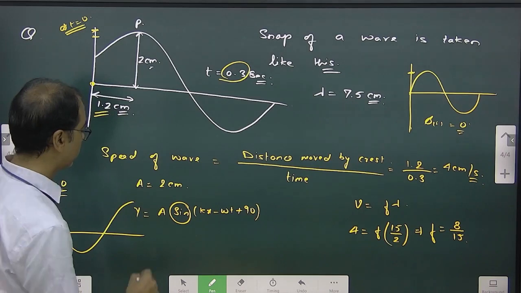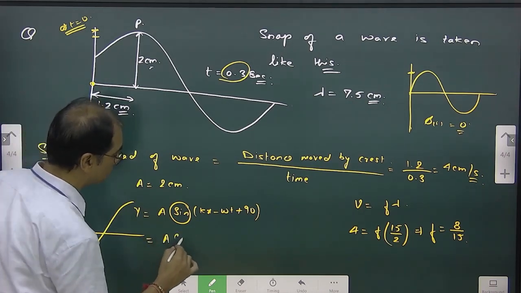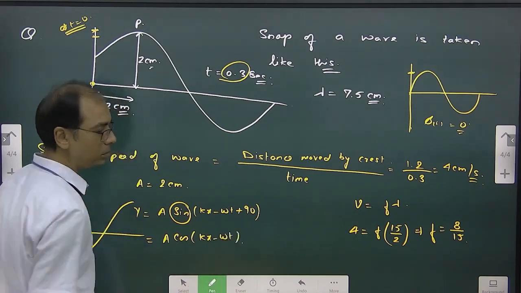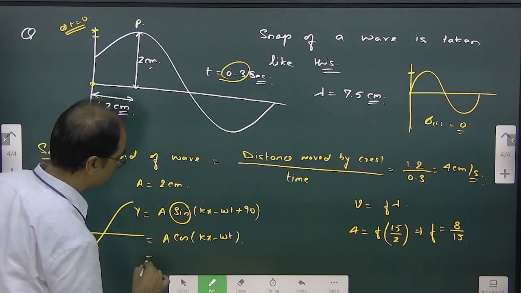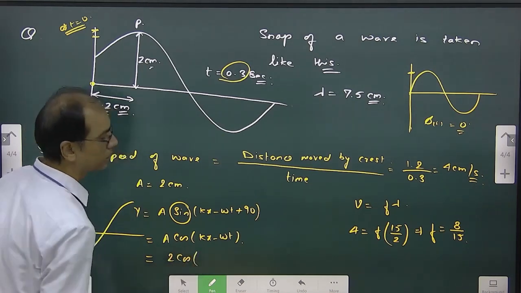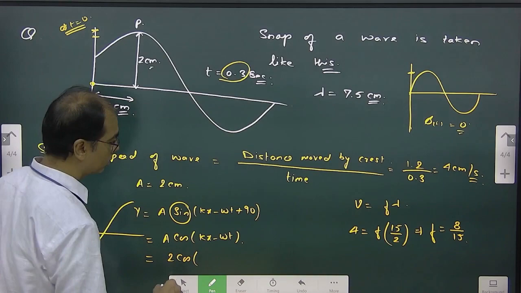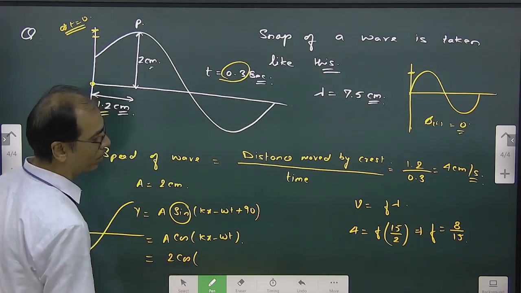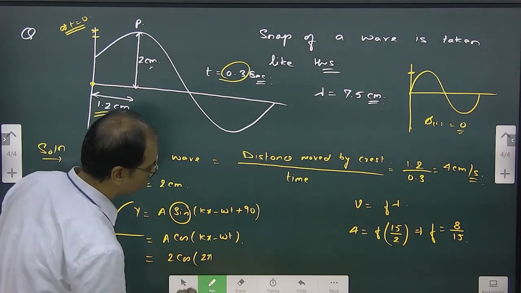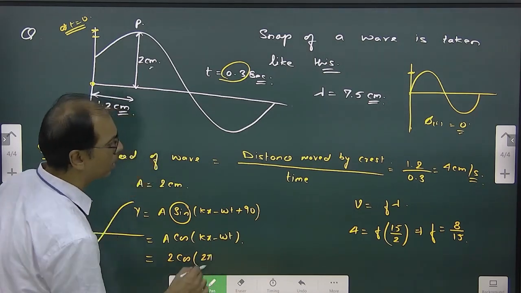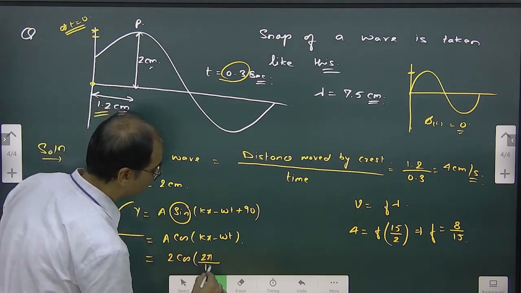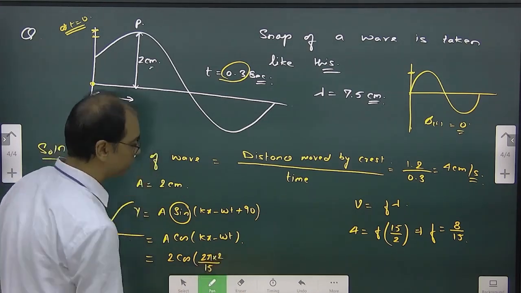So what is wave equation now then? A cos kx minus omega t. Okay, now put the values. This is what? 2 cos, okay, k value we have, that's 2 pi by lambda, lambda value we have. Where is lambda? Lambda is 7.5, okay. So you can put here 15 and here you can put 2.